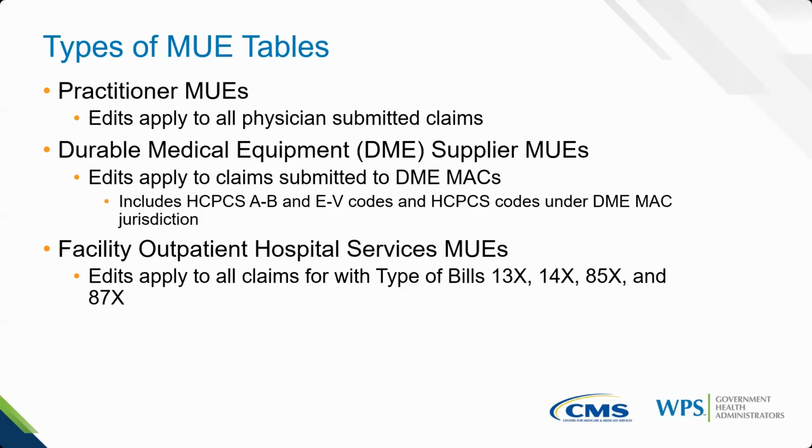And sometimes you'll hear us refer to this as DMEPOS, the acronym for DME, prosthetics, orthotics, and supplies. These would be those alpha codes that appear on the jurisdiction list for DME MACs. That's how you know that those particular alpha codes are those codes that are submitted to the DME MAC for consideration of payment versus submitting to your Part AB MAC like WPS GHA.